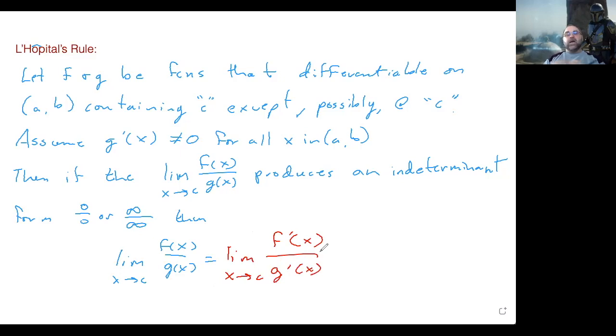What this does is give us another tool in our toolbox when we run into a problem where we're taking a limit and all of a sudden we get one of these 0 over 0 or infinity over infinity forms. Because when that happens, sometimes you would have to resort to other techniques.